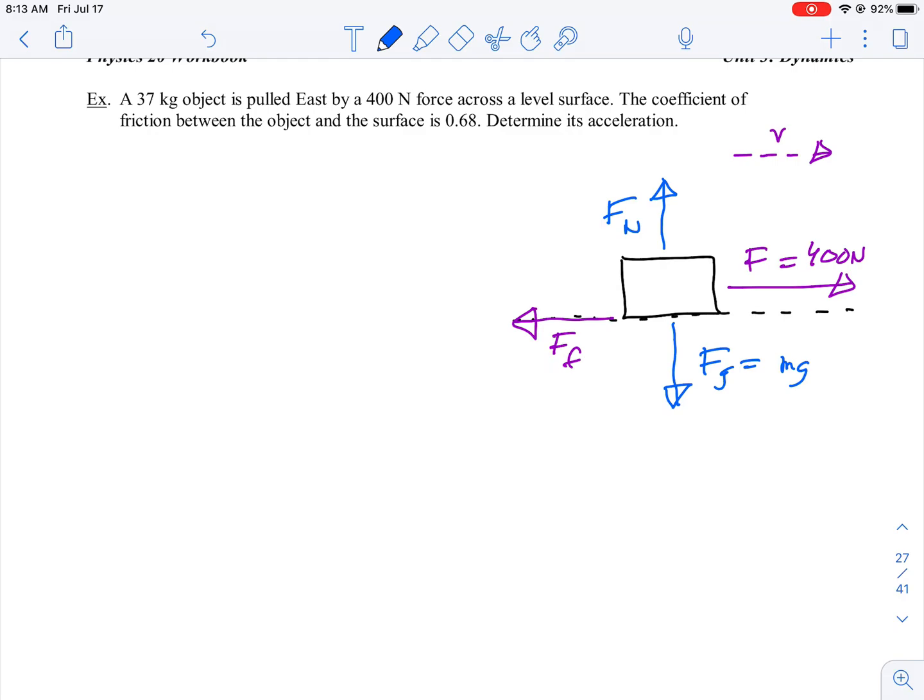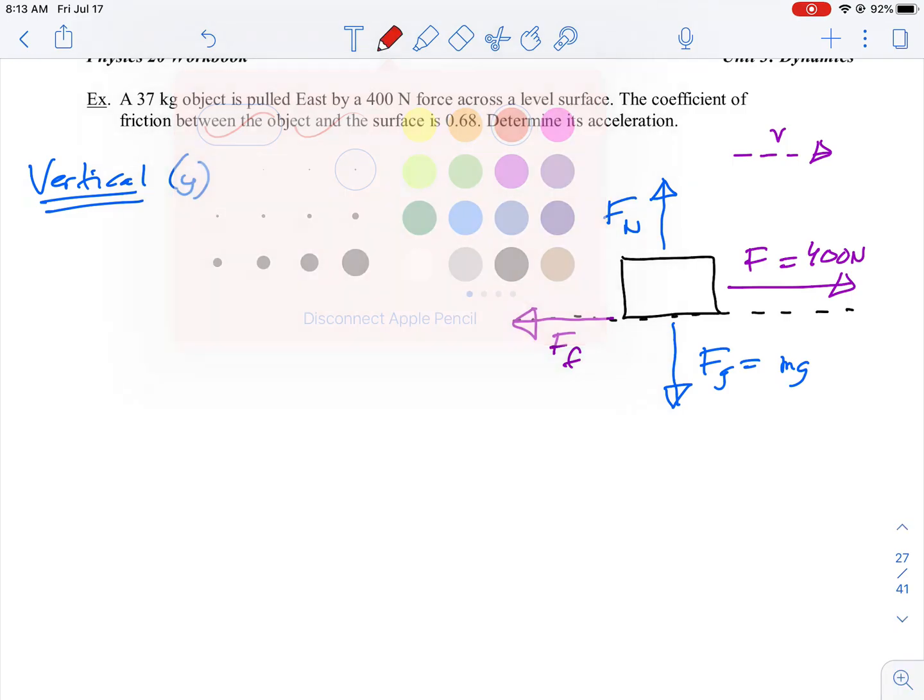Now, let me show you why we need to do that. Let's start with vertical, which we're going to call the y. So let me just put in a quick reference system here.